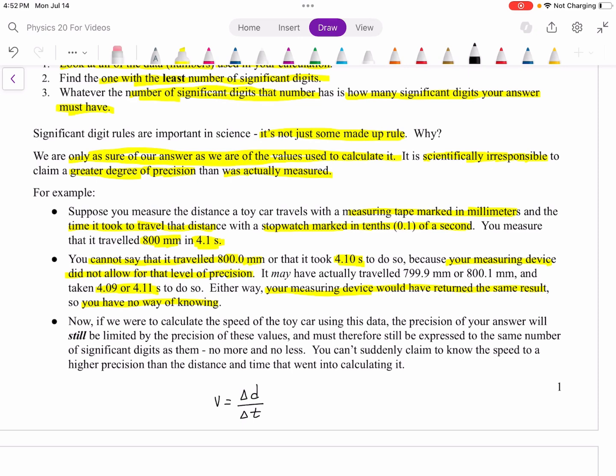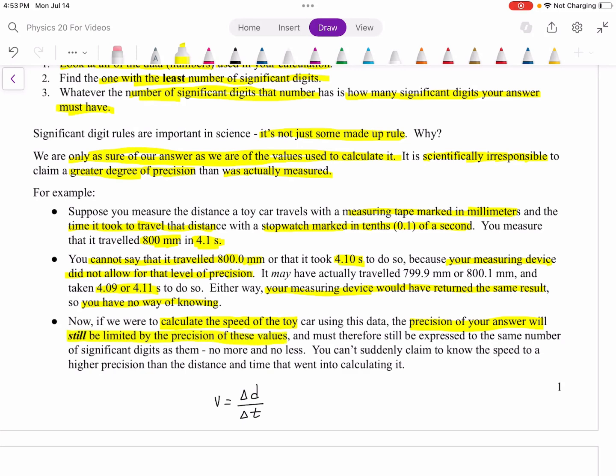And this is what leads to our rules for how many sig digs our answer can have as well. Because now if we were to take that distance and that time and use it to calculate the speed of the toy car, using this formula you know from Science 10, v, the speed, is equal to the distance traveled divided by the time it took, well, the precision of our answer for the speed is still going to be limited by the precision of those values.